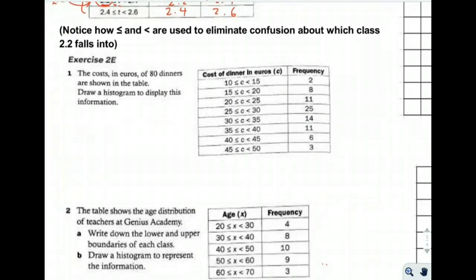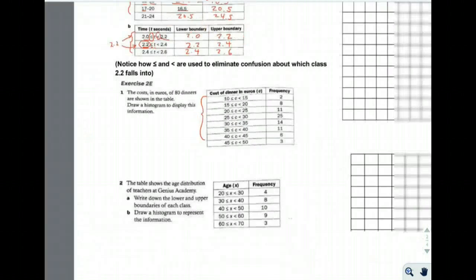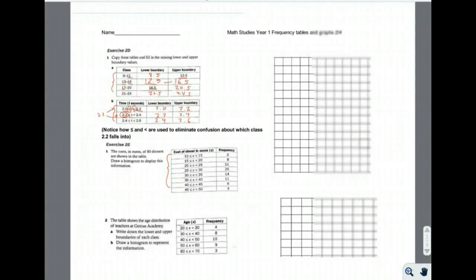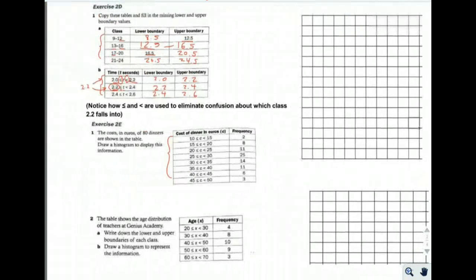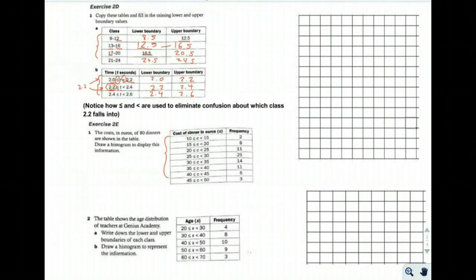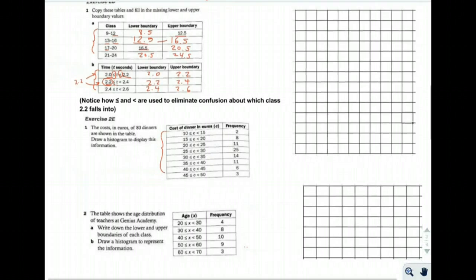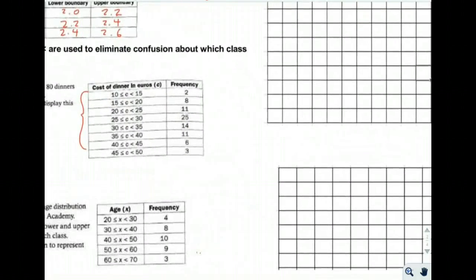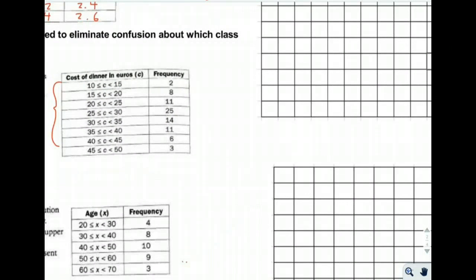Now we're going to take our data, and you can see that this is continuous data. We're going to put this continuous data into a frequency graph, okay? And so a frequency graph is going to have an x-axis with the edges marked according to these numbers.